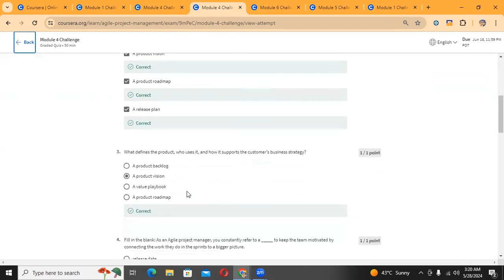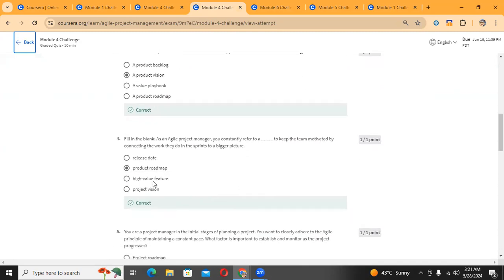So this is the correct answer. From the third question, a project vision is the right answer. Let's go on to the fourth question. The product roadmap is the right answer, because it helps the team to understand how their work fits into the larger vision of the product.